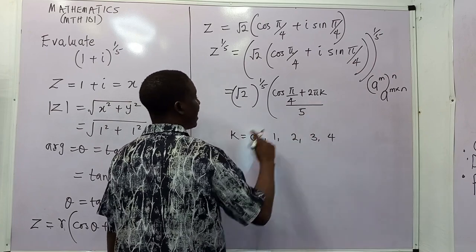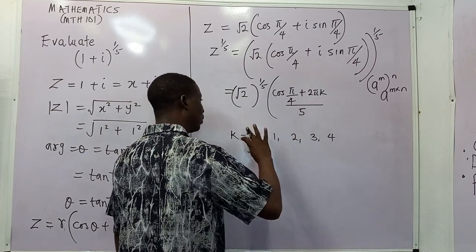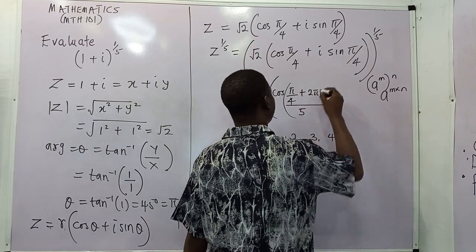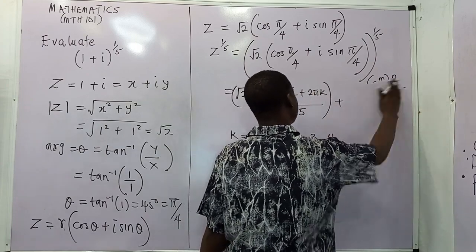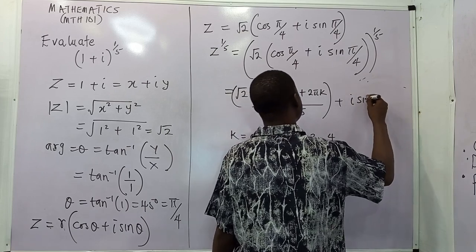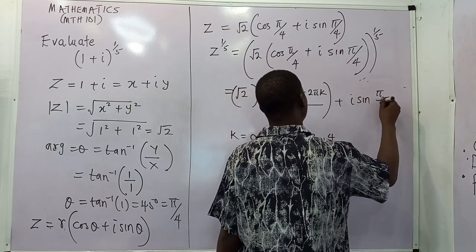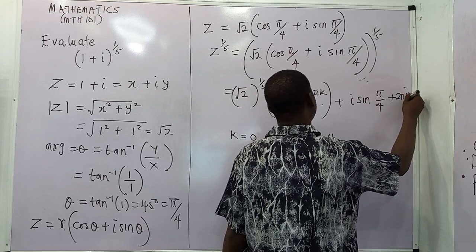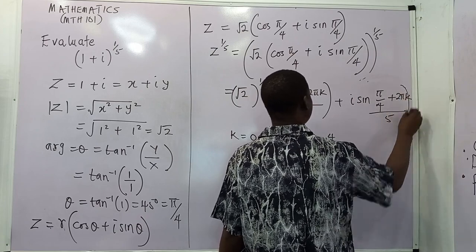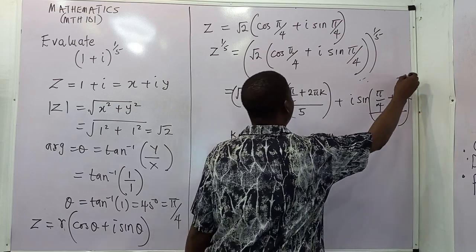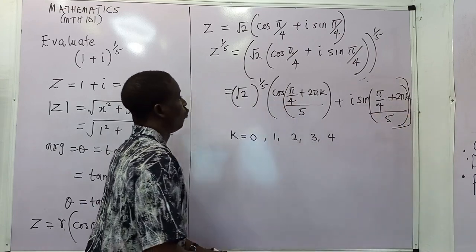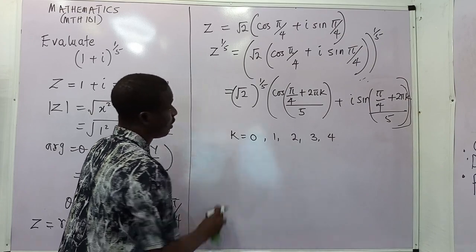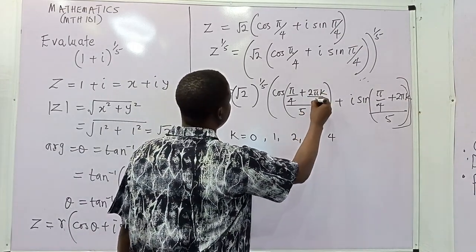So k can take any of these values that will give us the fifth root. Then plus i sine of pi over 4 plus 2 pi k, all over 5, all bracket.